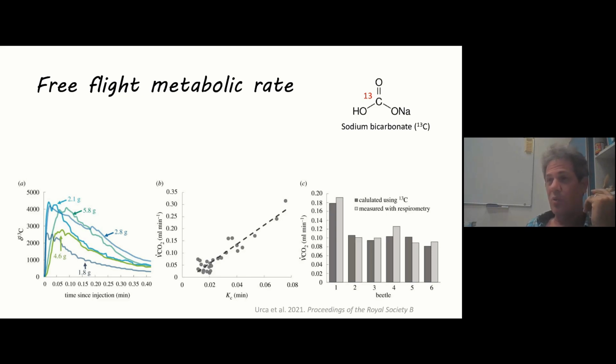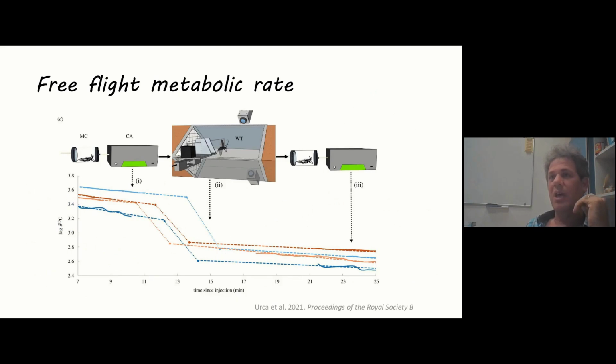So what we did, we injected these beetles with labeled bicarbonate. We put them in a metabolic chamber. We got the slope of the elimination. Then we took them out of the metabolic chamber, put them in a wind tunnel, let them fly for a few minutes, put them back in the metabolic chamber, and measured again the rate of depletion of carbon dioxide.